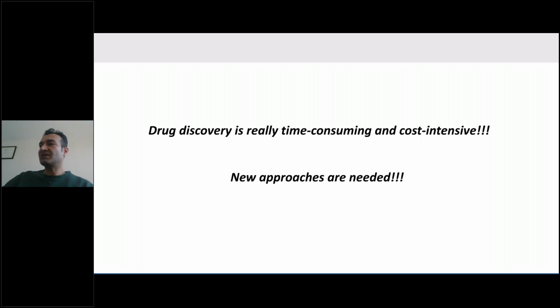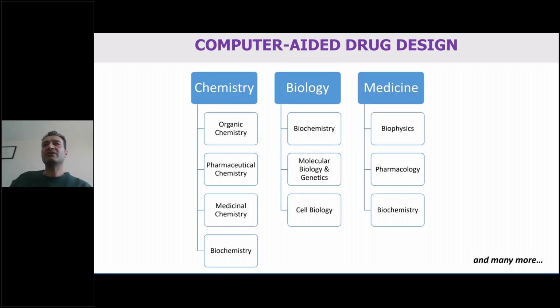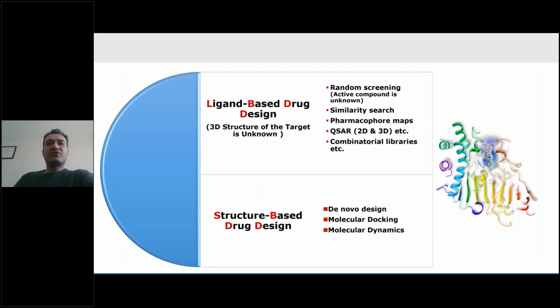The new, cutting edge technology here is computer-aided drug design. It involves many branches of science, including chemistry, biology, medicine, biochemistry, pharmaceutical chemistry, organic chemistry, pharmacology, even physics, and many more. We can divide computer-aided drug design into two broad categories. If the 3D structure of the target protein is unknown, then you are left with the ligand-based drug design tools.